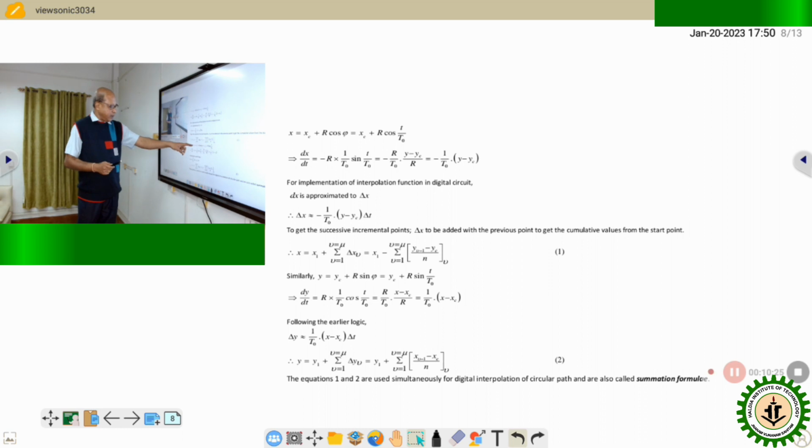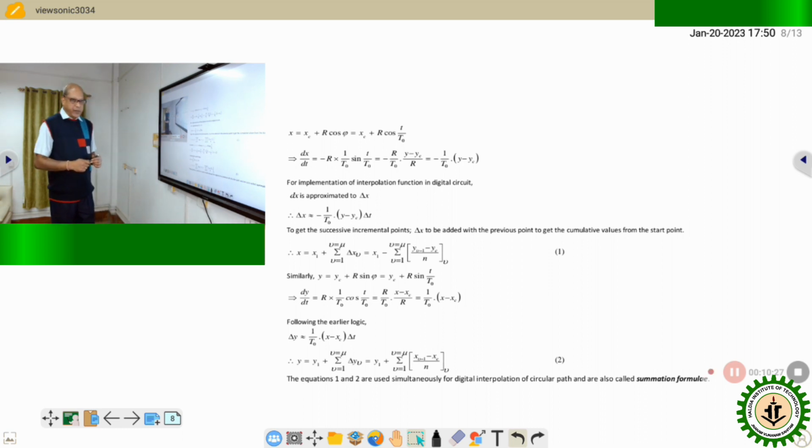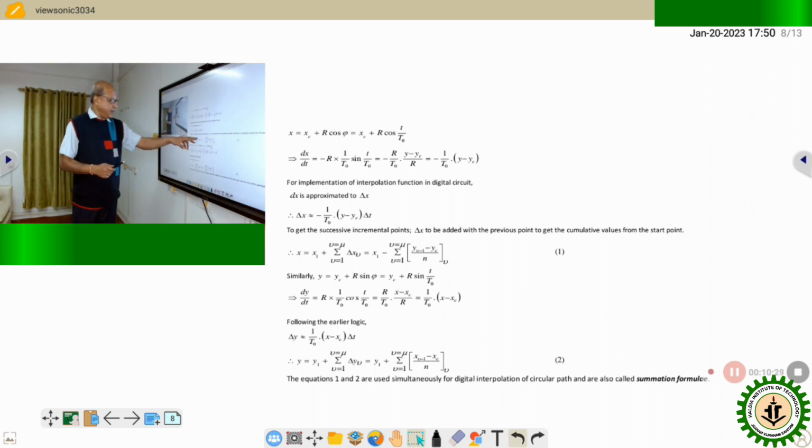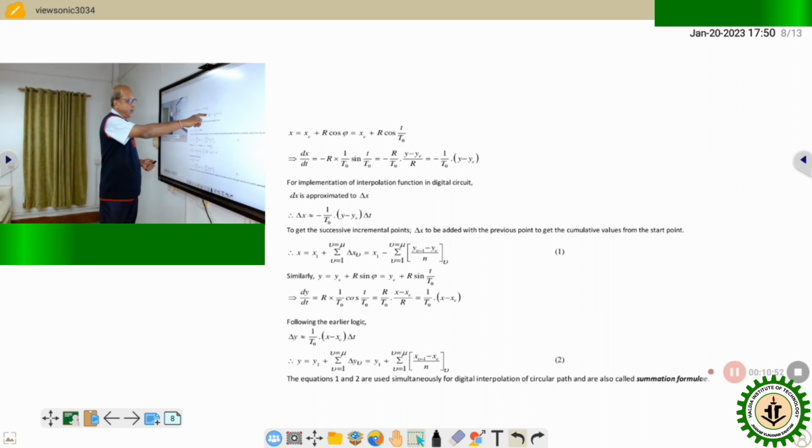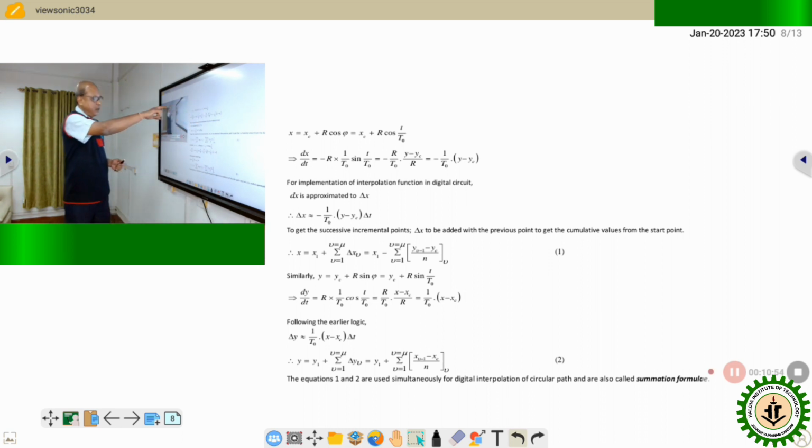Similarly, for y we can write y_c plus r sin phi, and once again if we replace phi by t by capital T0, we have sin(t/T0) equal to (y minus y_c) by r. A small amount of rearrangement will give you this particular relationship. So r and r cancel out from the numerator as well as the denominator, and what is left is minus 1 by capital T0 into (y minus y_c).